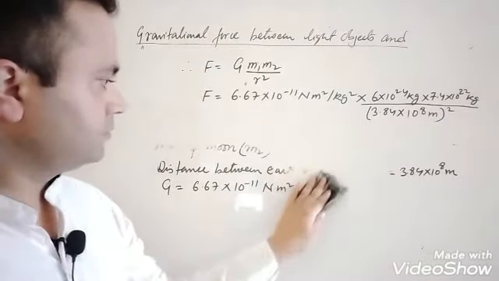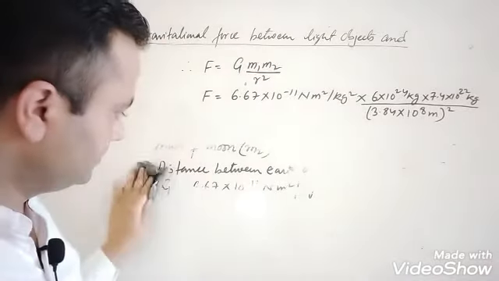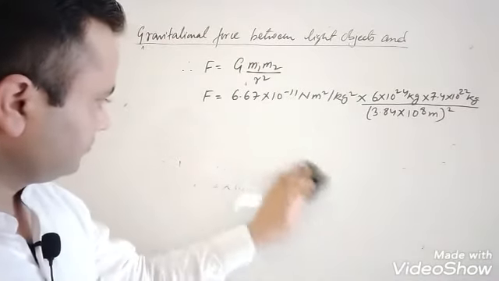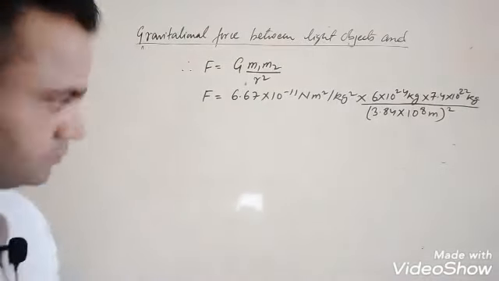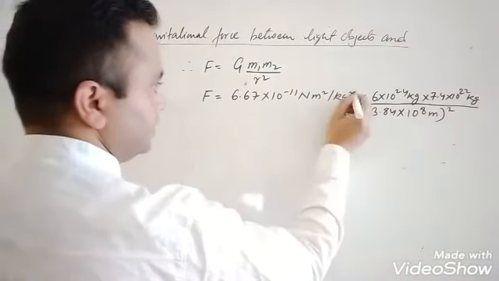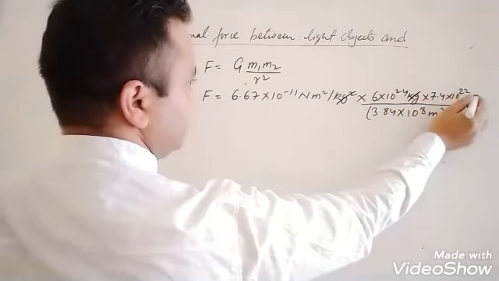Now separate the whole number and the exponent. Kg square, kg cancel.